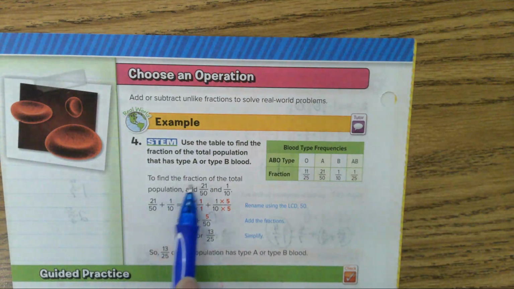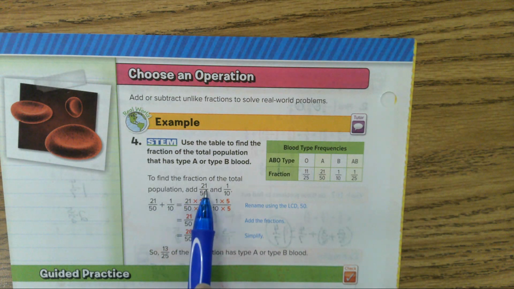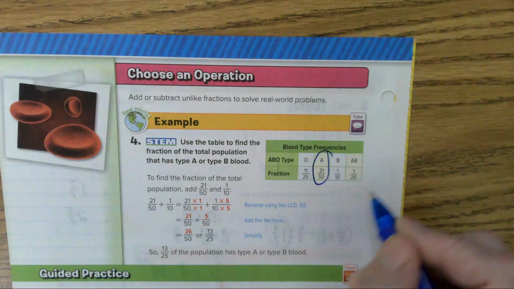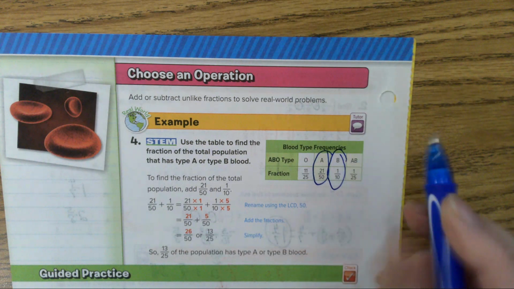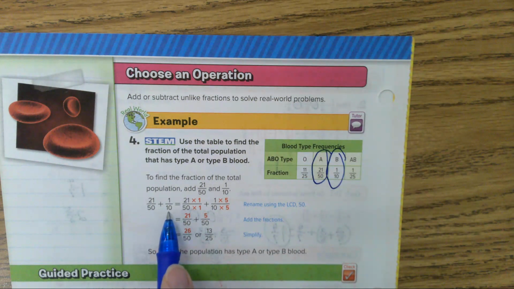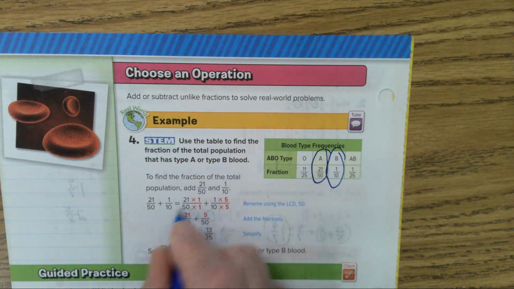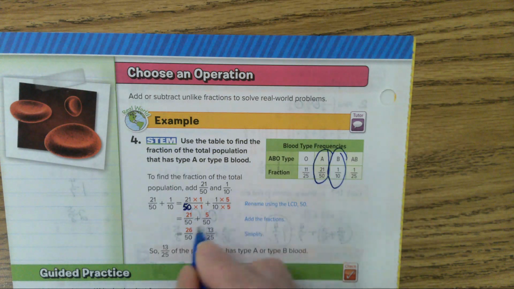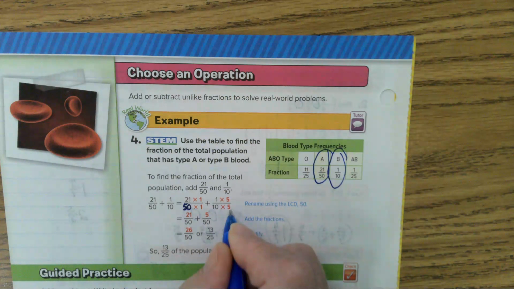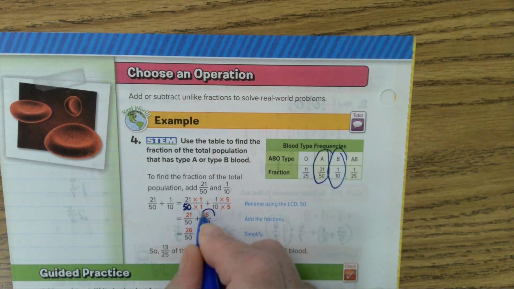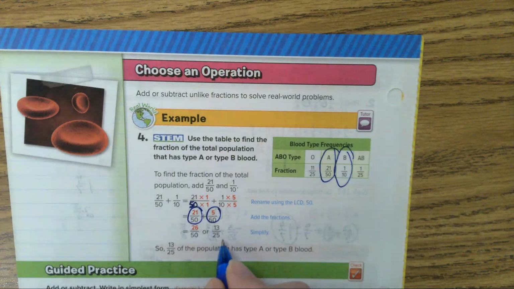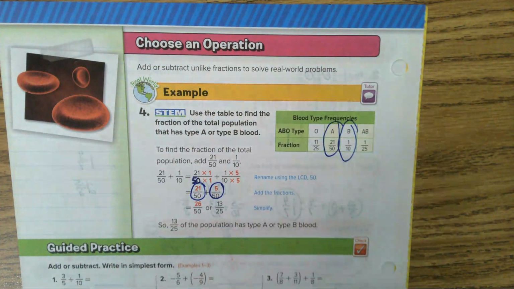To find the fraction of the total population, add 21/50ths A and 1/10, which is type B. So 21/50ths plus 1/10, you have to find your common denominator, it's 50. So there, we're going to use 50. 21/50ths stays the same, and this will be 10 times 5 is 50, 1 times 5 is 5. So you have 21/50ths plus 5/50ths is 26/50ths, which simplifies to 13/25.